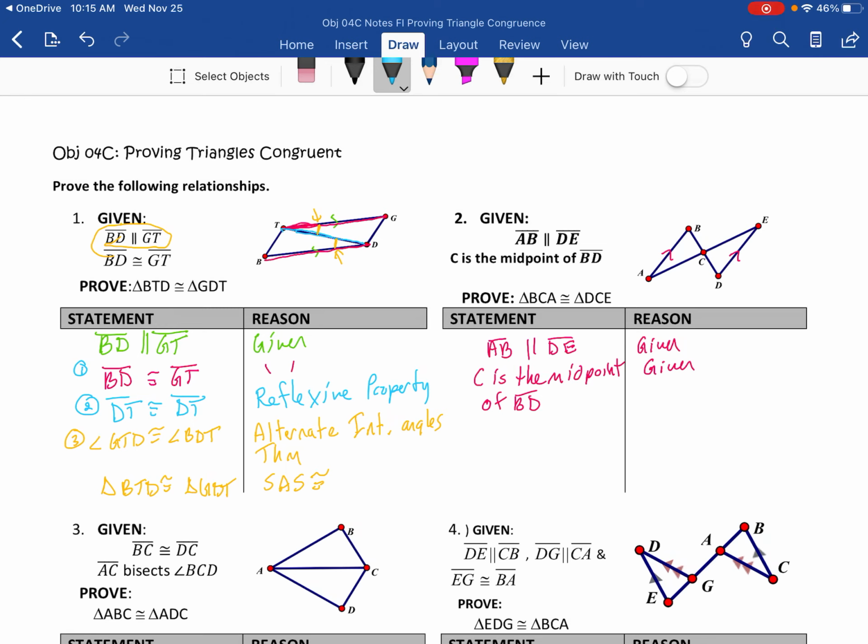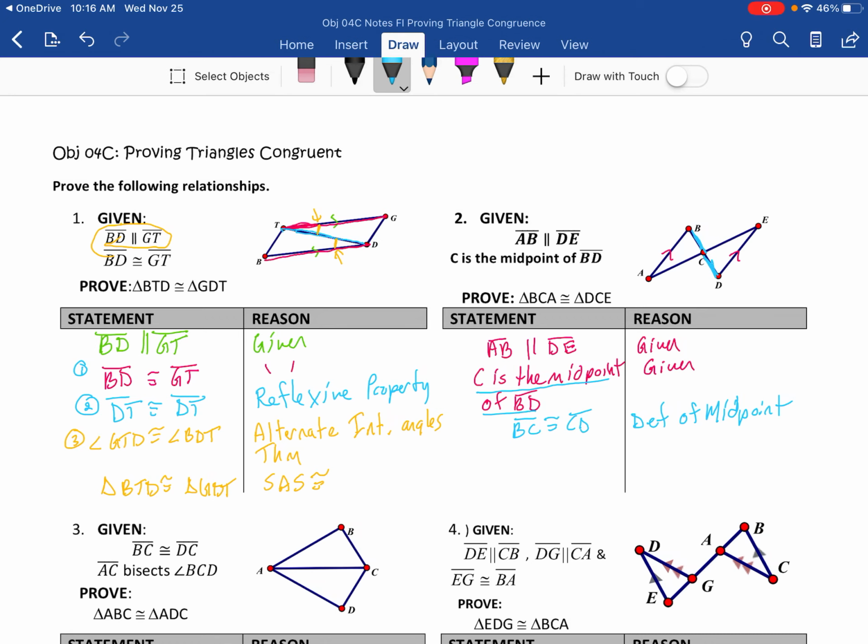But I look at what I'm given, and I think this is the easiest one: if C is the midpoint of BD, okay, then BC must be congruent to CD. And that's because, well, that's the definition of a midpoint. A midpoint divides a segment into 2 congruent parts.